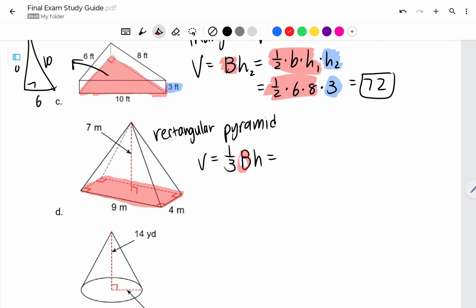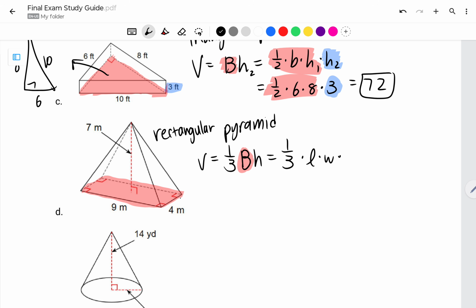What's my capital B? It's a rectangle this time. The area of a rectangle is just length times width. What's the length and the width of the rectangle? 3 and 4, and then the height is 7. So this one's 3 times 4, 12 times 7, 84.